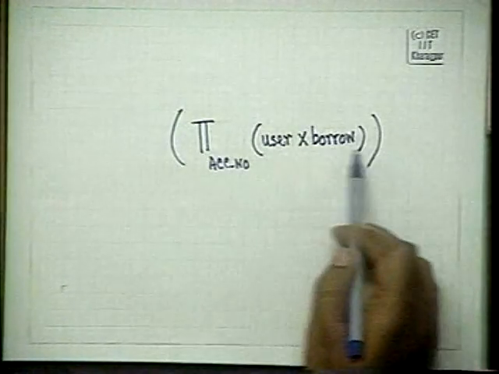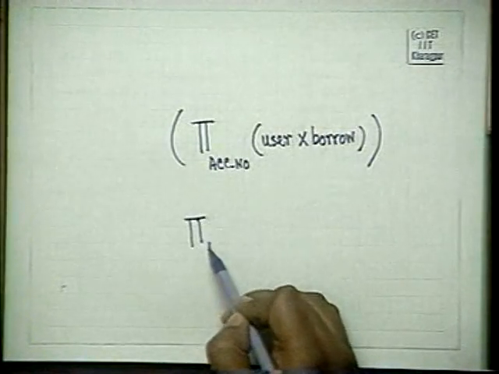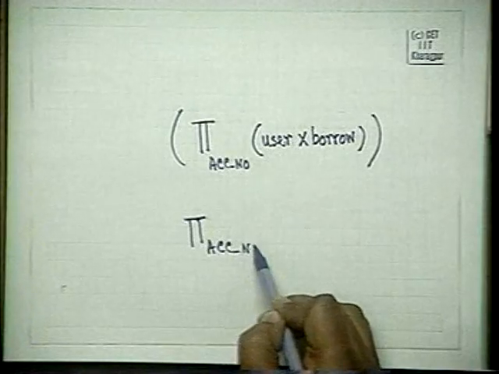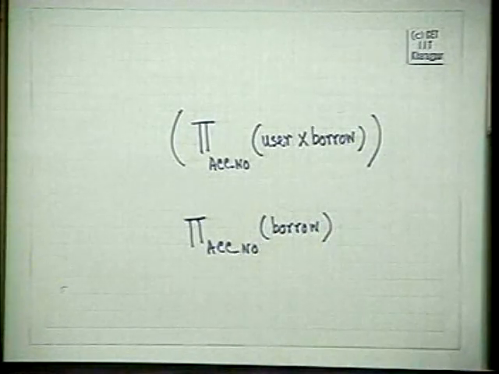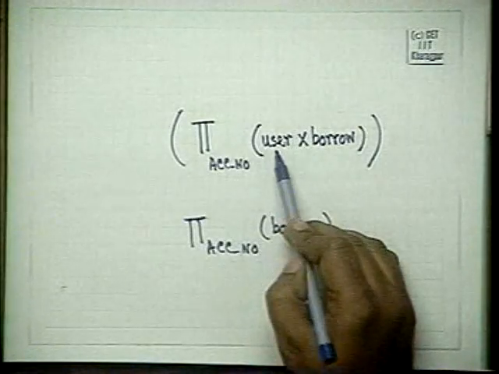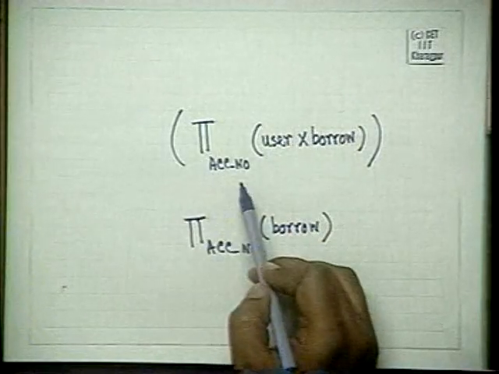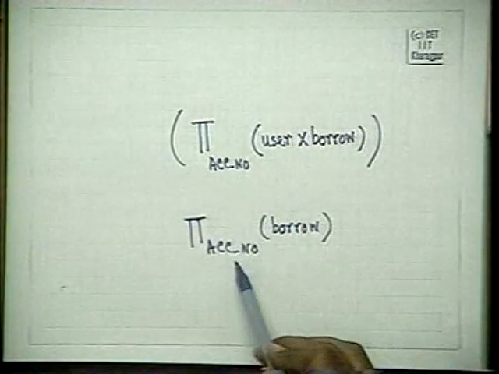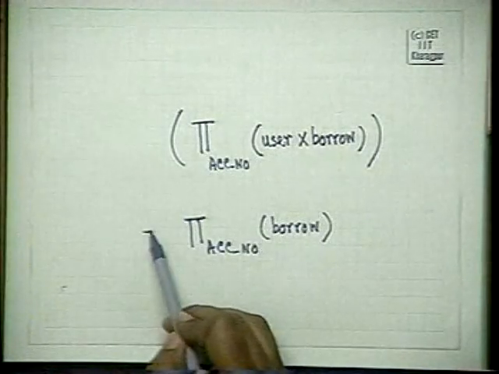This, whatever we have here, is identical to borrow projected on accession number. User has got no accession number as attribute. Therefore, if you project out accession number from user cross borrow, and if you project out accession number from borrow, whatever you get is identical.